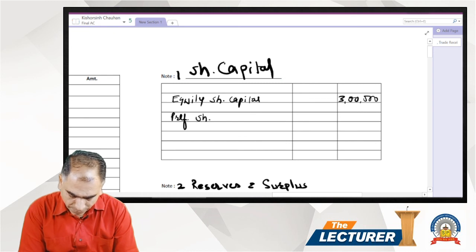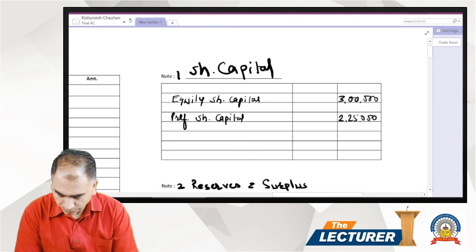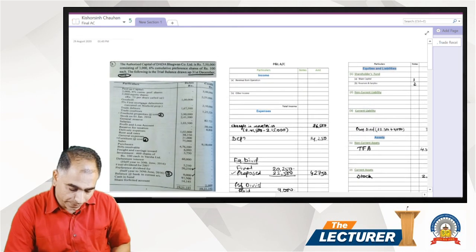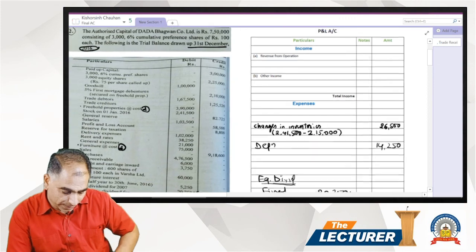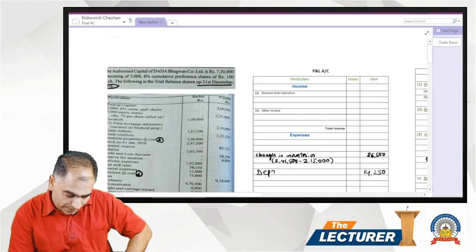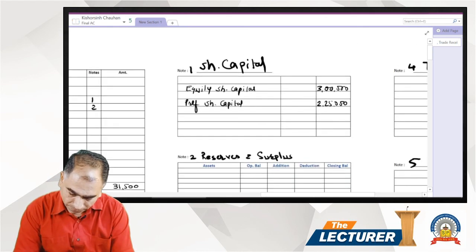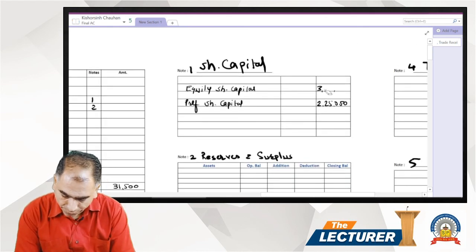Preference share capital, that is 225. If you see equity share capital 3 lakh, preference share capital is 3 lakh, and equity 225.